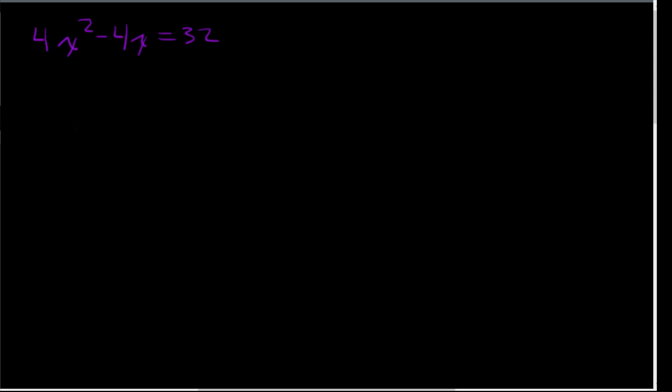So actually here I do want to mention one thing. I have an a value, and I need to divide that out. So my new equation will be x squared minus x is equal to 8. I just got that by dividing out that 4. Now I can go ahead and complete the square.